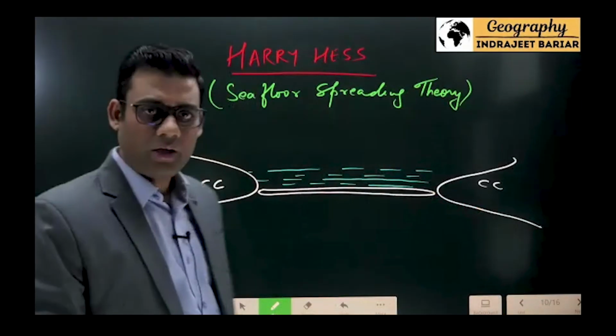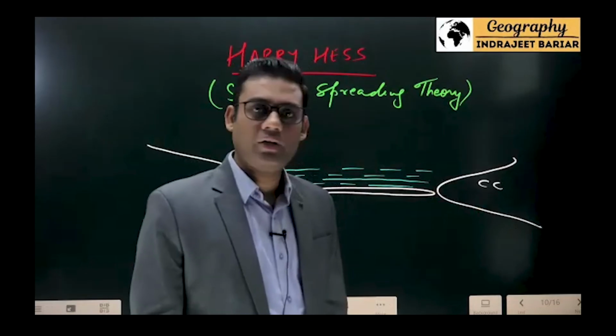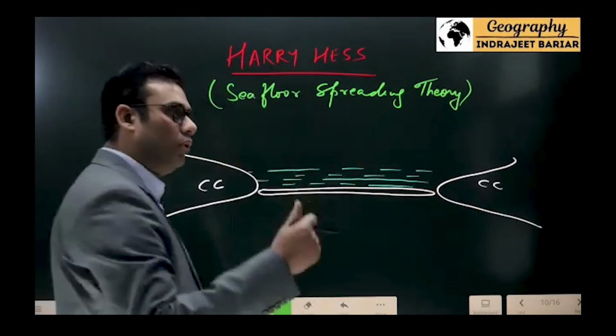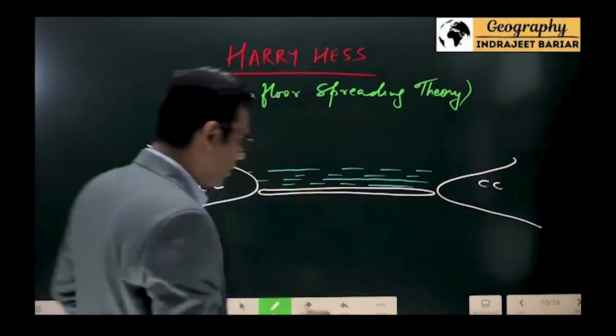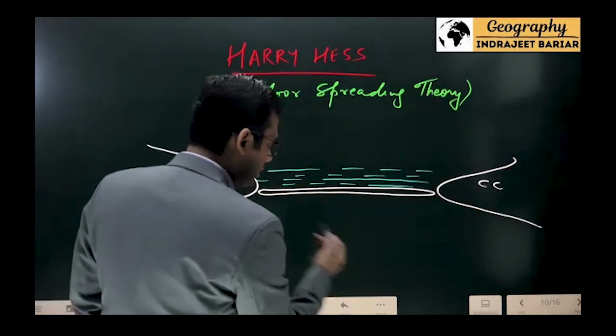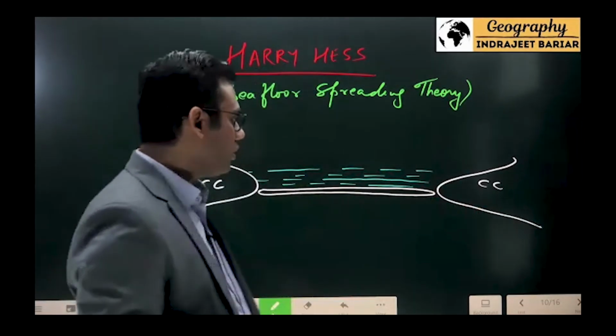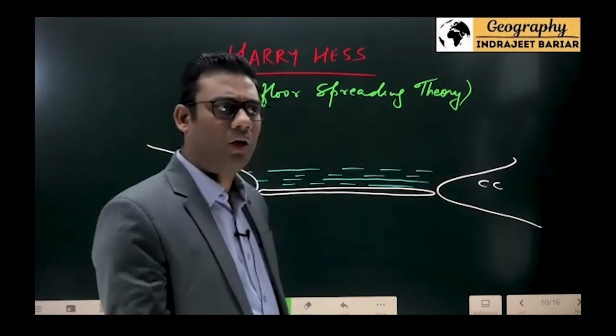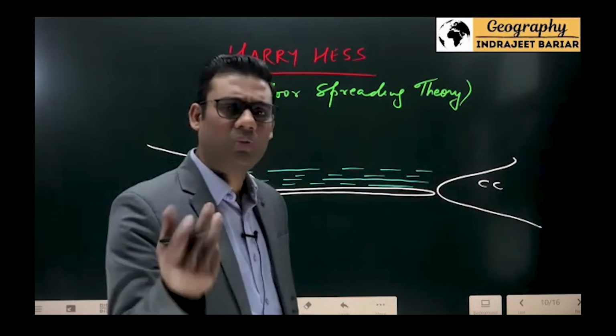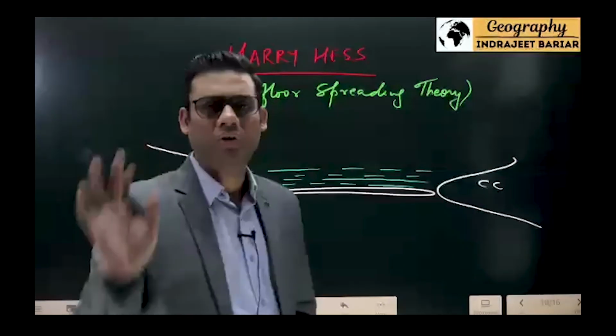Now Harry Hess used this idea in seafloor spreading. Now, what Harry Hess says, everyone see here. Harry Hess argues that somewhere underneath the oceanic crust, some convection currents would be present, because convection current is present everywhere on the earth.